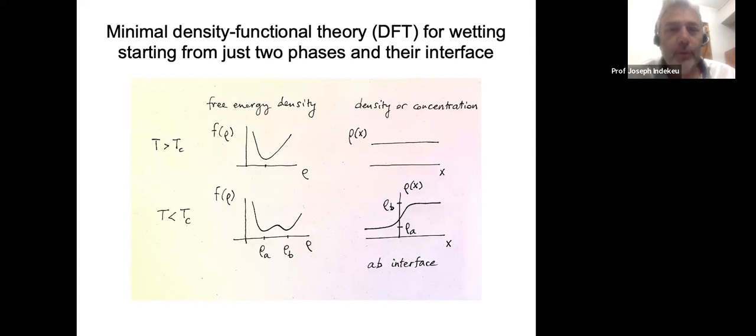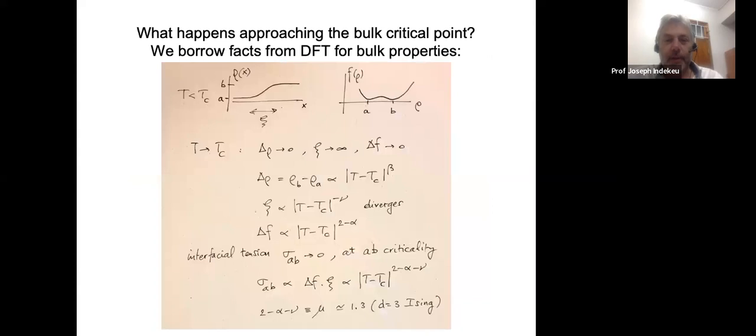Then we went into minimal density functional theory for wetting, when we started out with two phases and with one critical point and a two-phase equilibrium with a single interface between those two phases. We discussed some properties close to the bulk critical point. We discussed density difference. We discussed free energy singularity in the bulk.